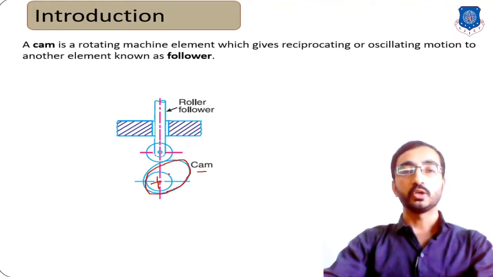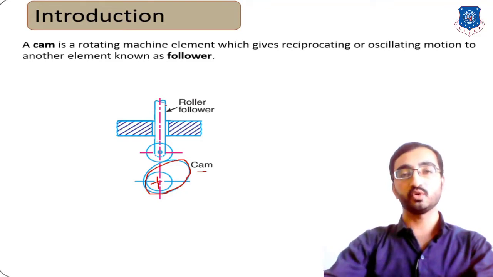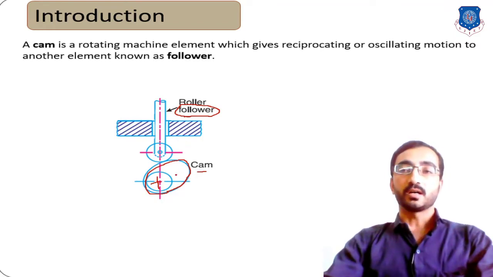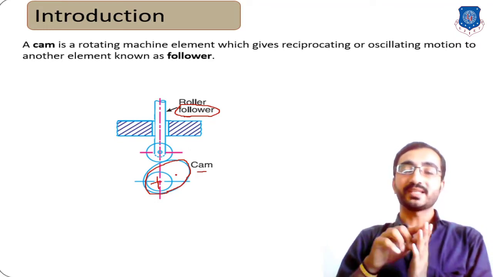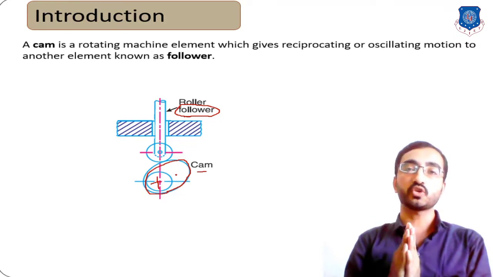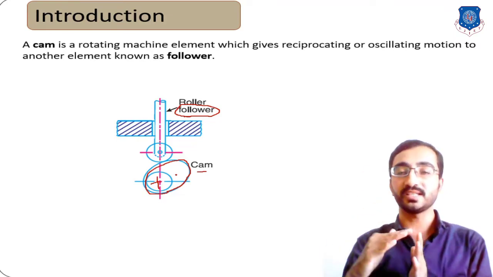Now due to the rotation of this cam, the reciprocating or oscillatory motion we will receive on the other element which is in contact with the first one, that is known as follower. So cam and follower is an arrangement in which we are using rotary motion as an input motion, and we will get output motion as a reciprocating or oscillatory motion.